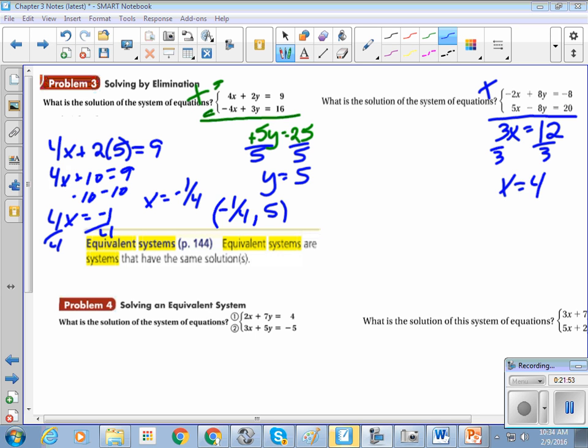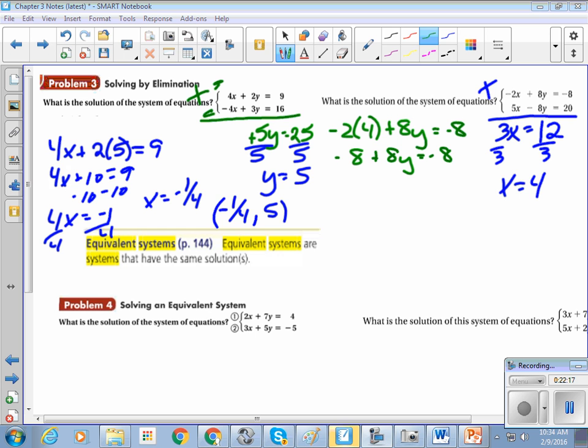And I'm going to take the top equation, plug in 4 for x, and we're going to solve for the y. Negative 2 times 4 is negative 8.